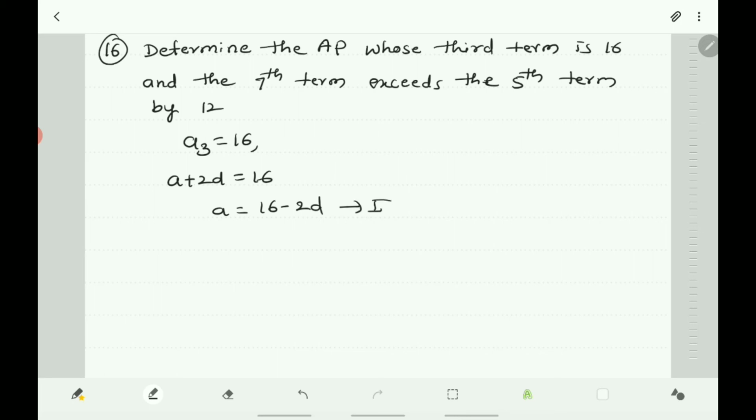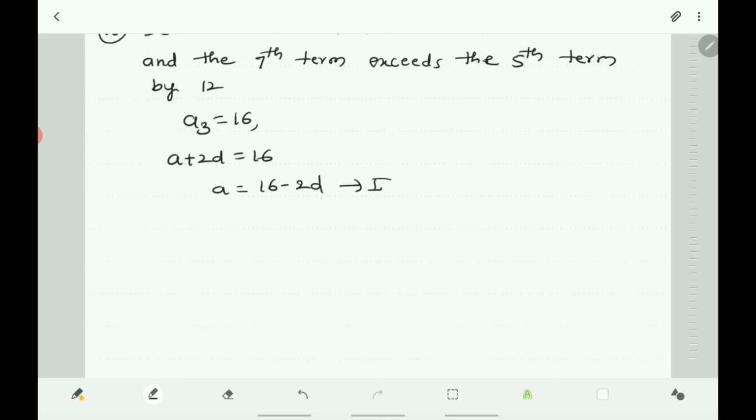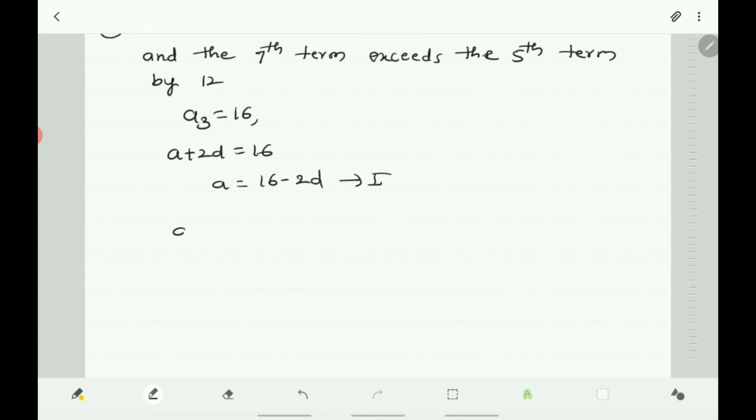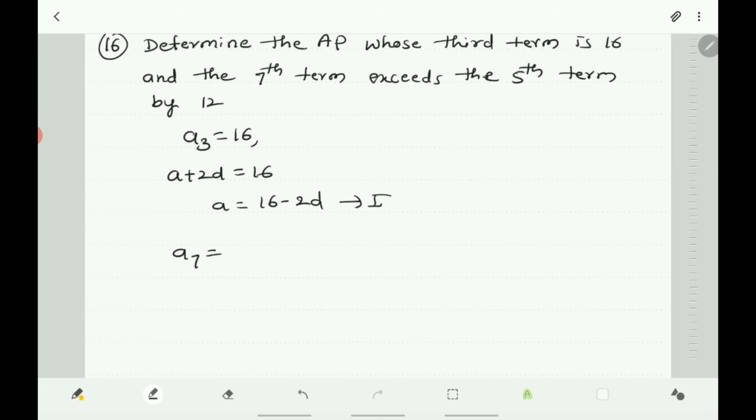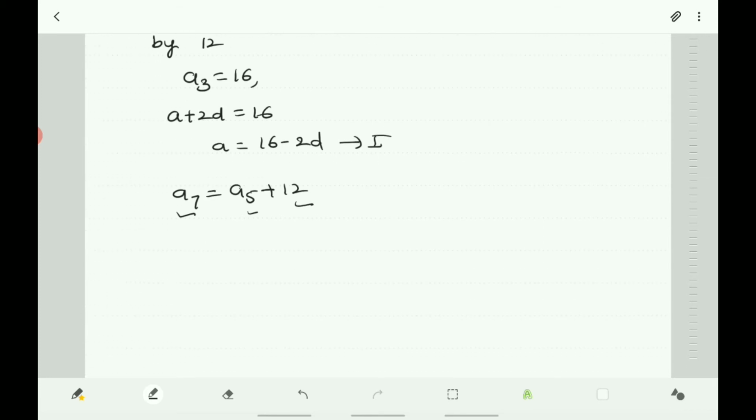After that, the 7th term exceeds the 5th term by 12. That is A7 is equal to A5 plus 12. The 7th term is 12 more than the 5th term.